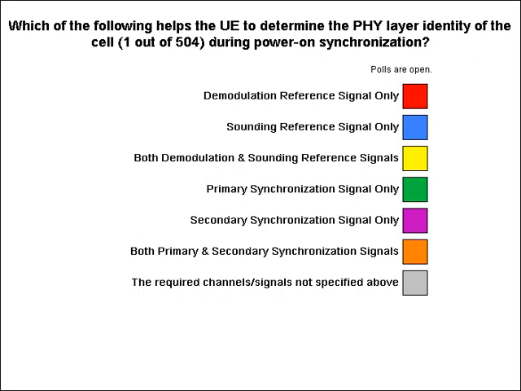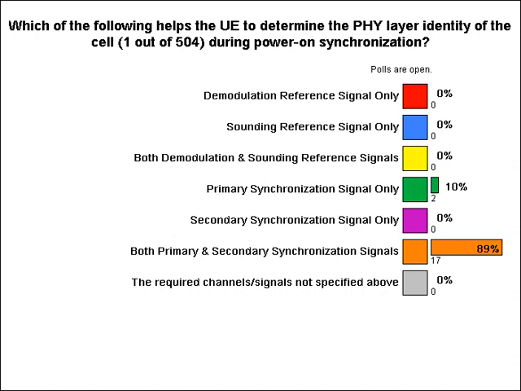Okay, let's share the results. 88% gave the correct answer. So yes, we need both the primary and secondary synchronization signals. The primary signal will give you the cell ID 0, 1 or 2, the cell number within the group.